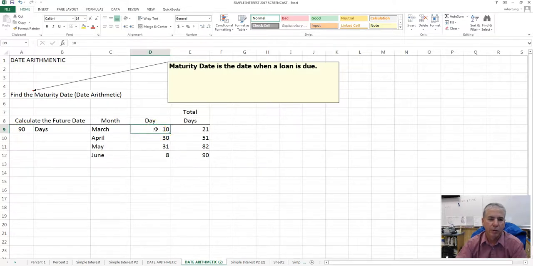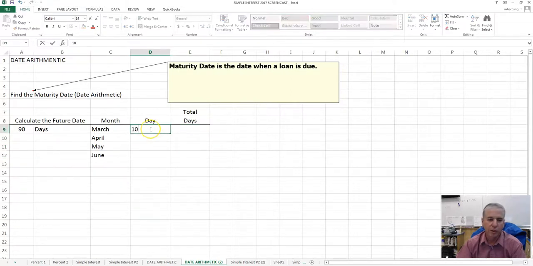And so what we're going to do is through a process of just calculating the total days until we get to 90 days, and then we take a look at what the date is on that date. So let me go through and do an example with you, and then we can go through and do it together. So I'll just go ahead and erase this.